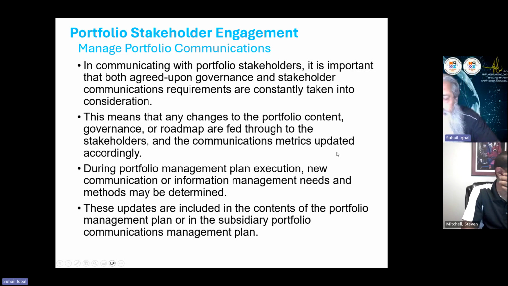During portfolio management plan execution, new communication or information management needs and methods may arise. These updates are included in the content of the portfolio management plan or in the subsidiary portfolio communication management plan.